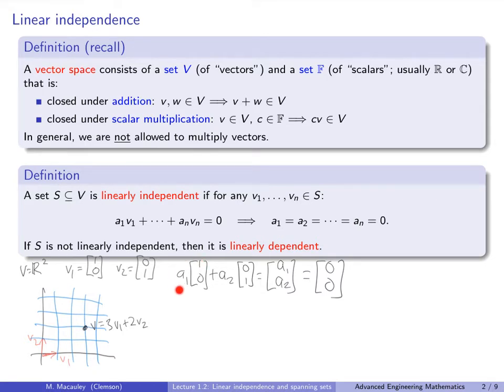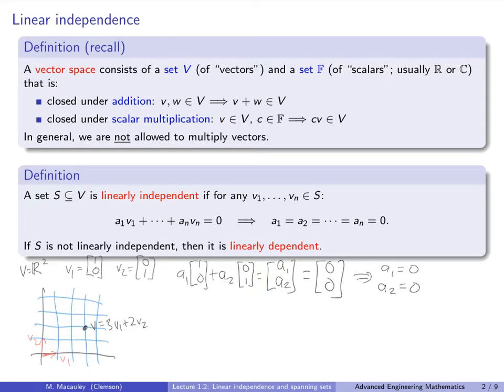You set that equal to (0, 0), and you get right away that a1 has to be 0 and a2 has to be 0.